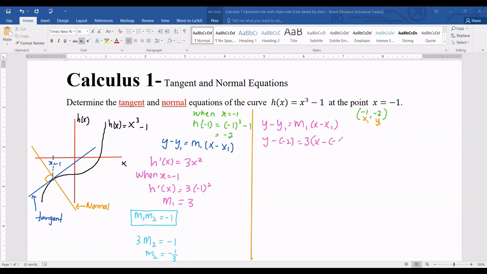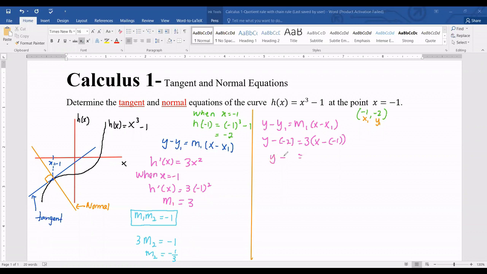So in the bracket x minus minus 1, and we close the bracket there. So we simplify it.